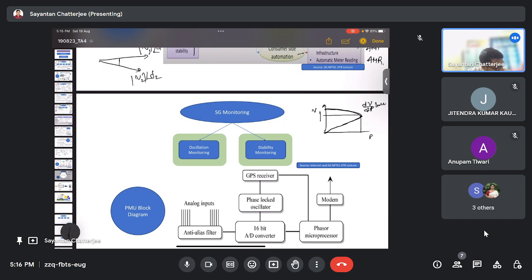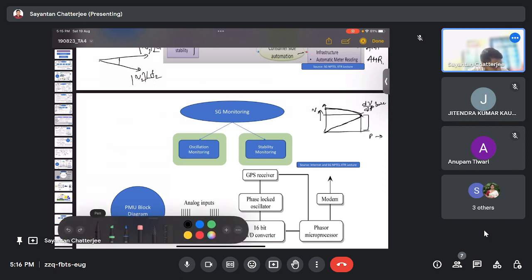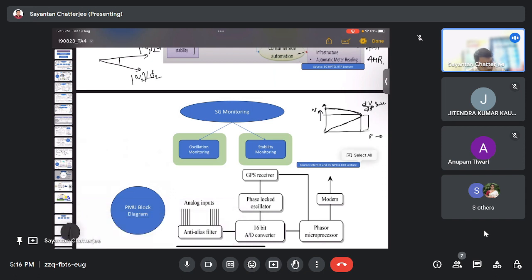But after crossing this point, the voltage suddenly dips and the change is quite fast, and hence it has to be monitored. For voltage stability monitoring, mainly these PMUs would be aiding such scenarios, if we have the direct data reporting from these PMUs.